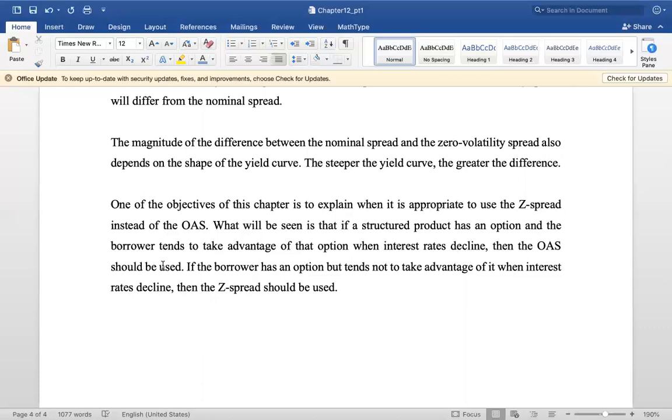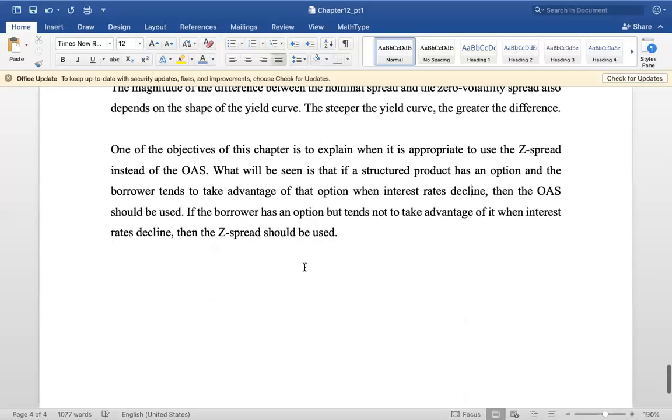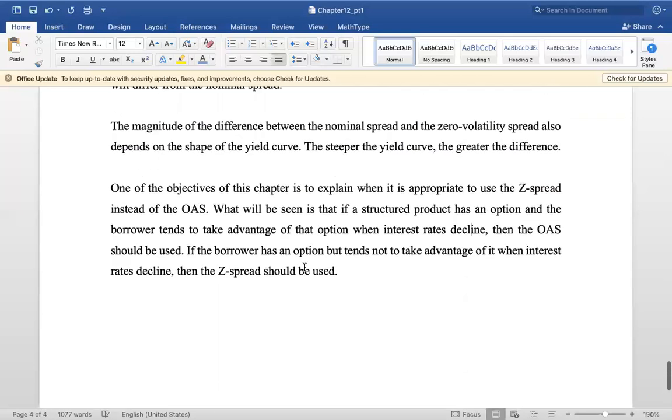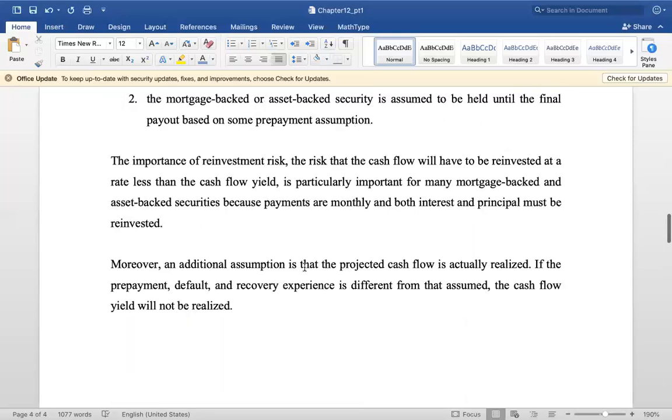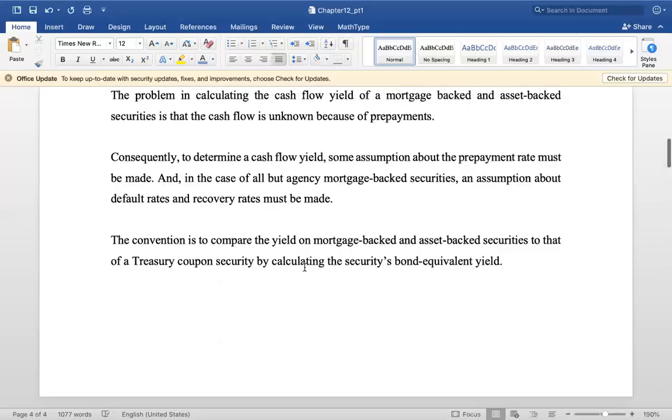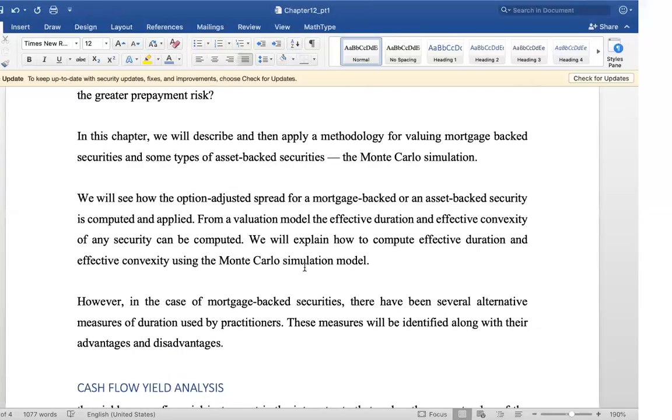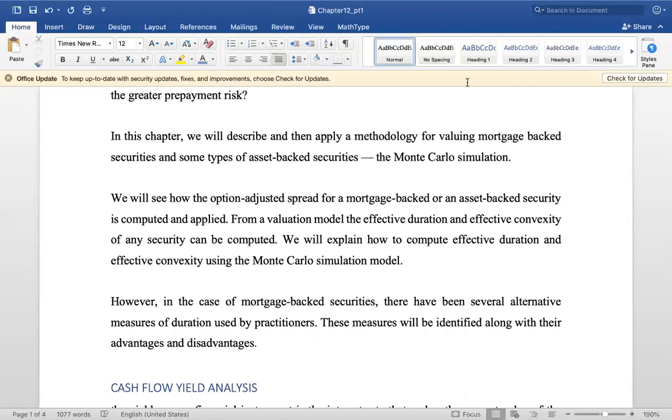And if the borrower has an option but does not take advantage of it when interest rates decline, then the zero volatility spread should be enough. That's all about the cash flow yield. In the next video, we will be focusing on the Monte Carlo simulation and option adjusted spread.